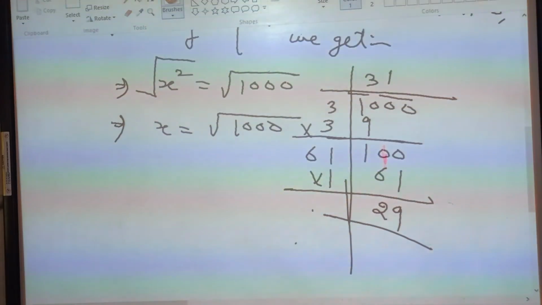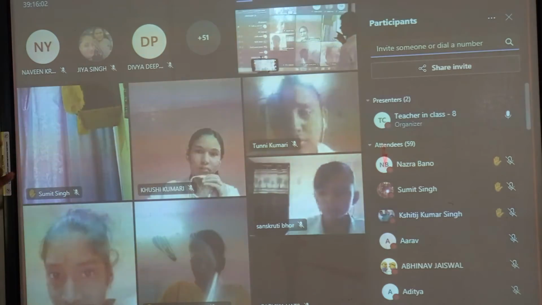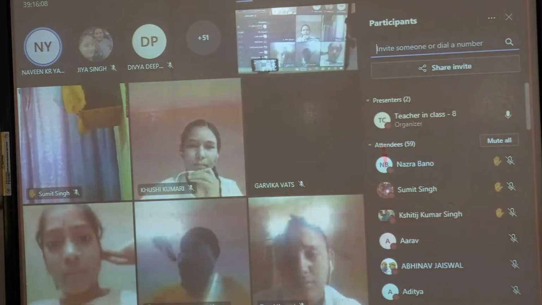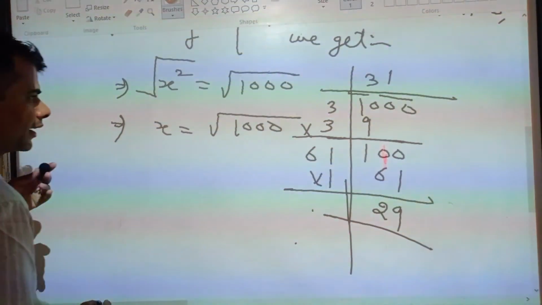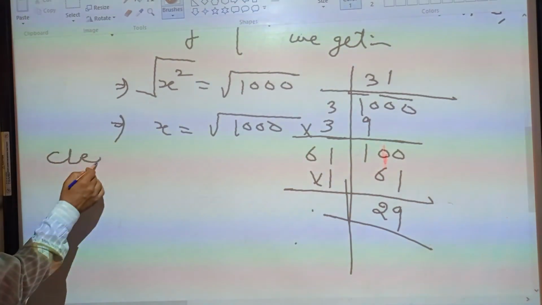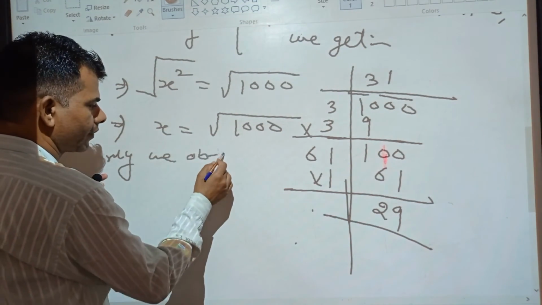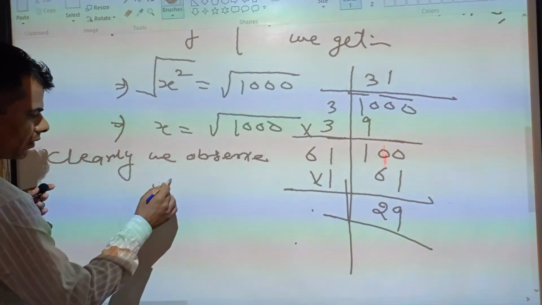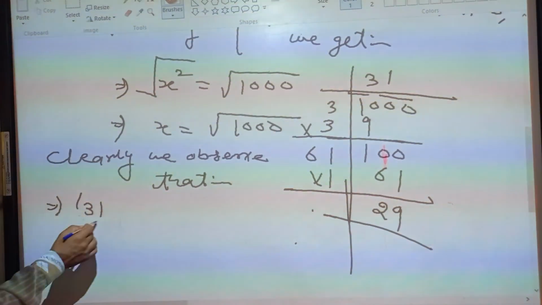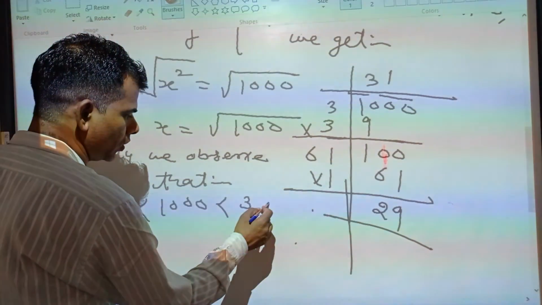What will be the next step? 31 square. Clearly we observe that 31 square is not equal to 1000, it is less than 1000. So 32 square.